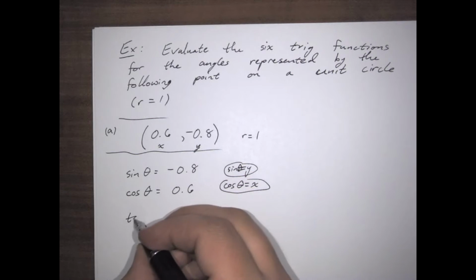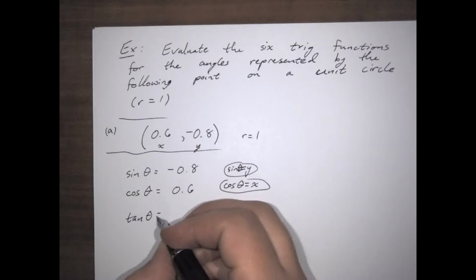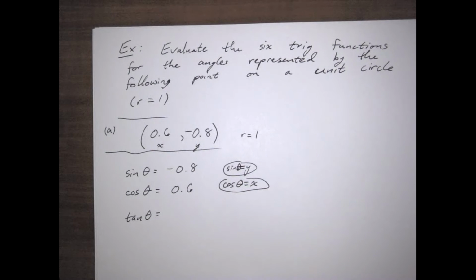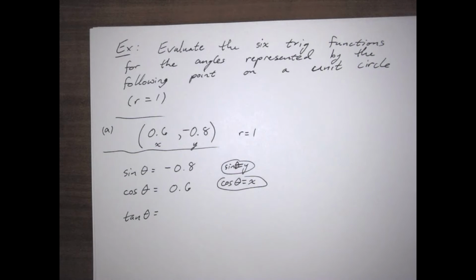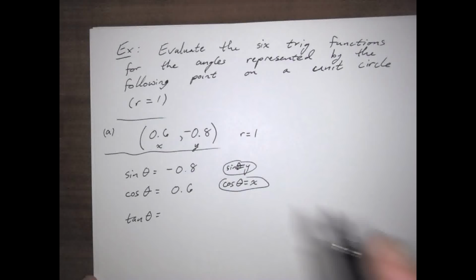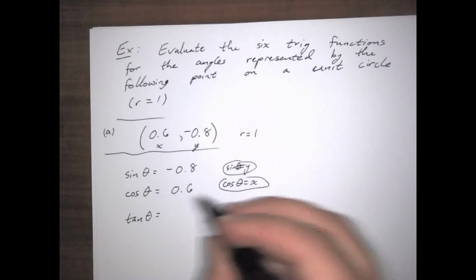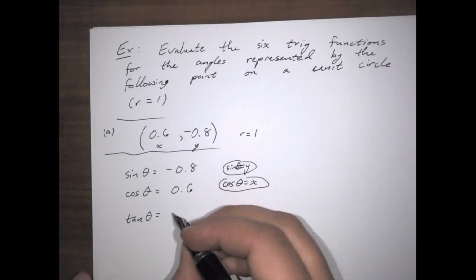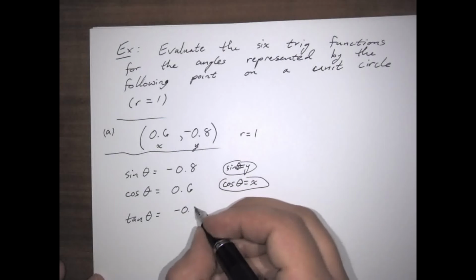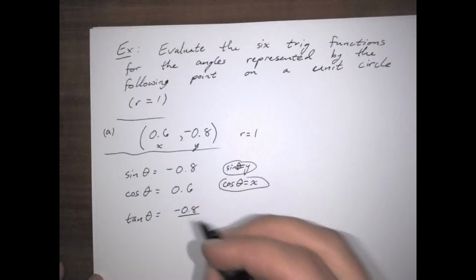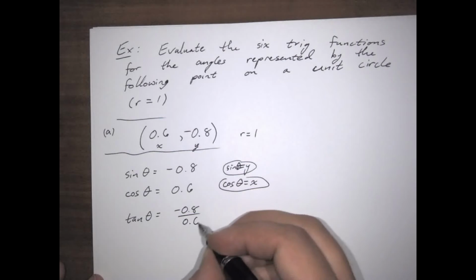Okay, now how about tan theta? Well, if we look over the definitions of these functions, we can see that tangent of theta can be thought of as y over x, or it can be thought of as sine over cosine, so whatever's most convenient for us. And here, they're the same thing, so there's no reason to go around making hard decisions. Either way, it's going to be negative 0.8 on the top and 0.6 on the bottom.